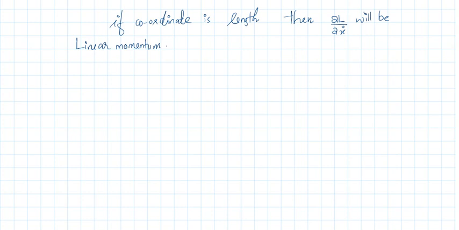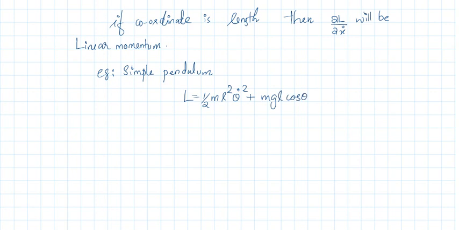Now suppose you consider the case of a simple pendulum. What is the Lagrangian? L is half m l square θ dot square plus m g l cos θ. This is the Lagrangian. Then what is ∂L/∂θ̇? It is simply m l square θ dot.